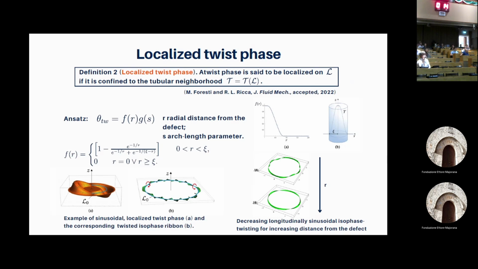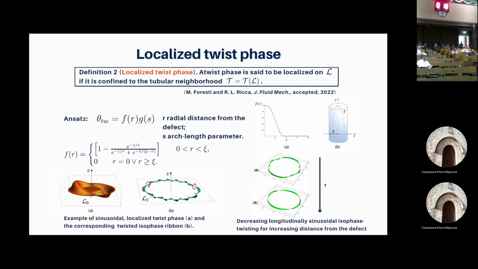So in this case, we give an answer. We define the theta twist as a product of two functions: a function of the radial distance r from the vortex, times a function g of s, which is a function of the arc length parameter. So it can change radially, and radially it is a bump function.